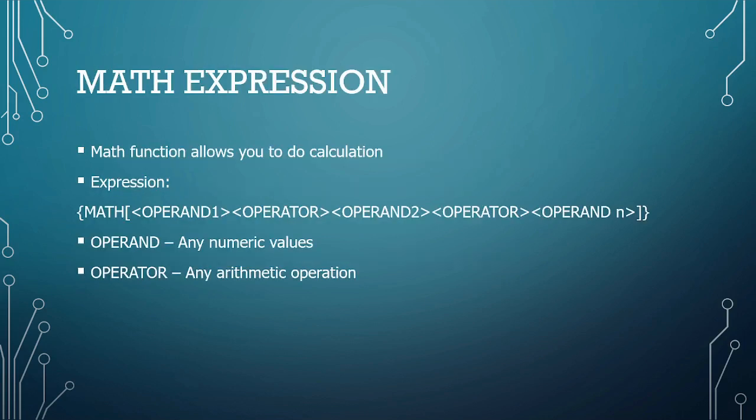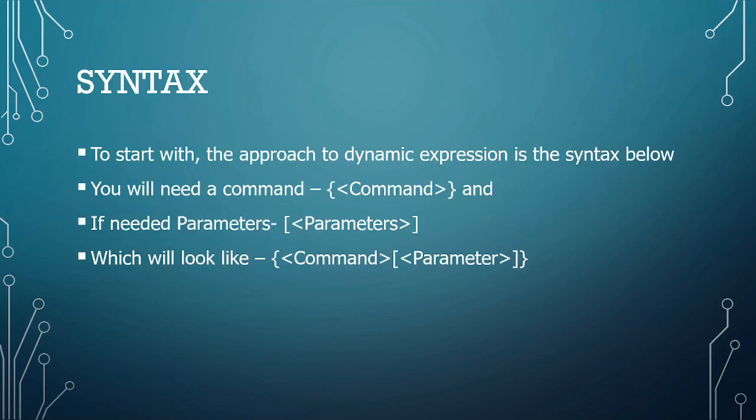Now first we will discuss the math expression. What is a math expression? A math expression is a function which allows you to do calculation. How will the syntax look? It's very simple. As I told before, we use command and parameter.